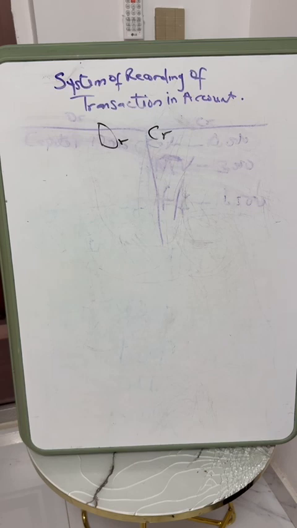So one main reason why we do recording of transaction is that, number one, it will enable you for your future investment decision, financial decision, proper planning. If I am making loss in my business every year, that means that something is missing.